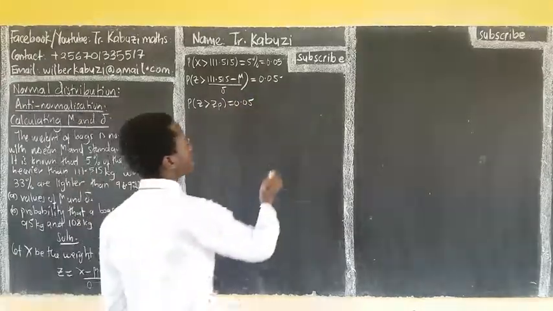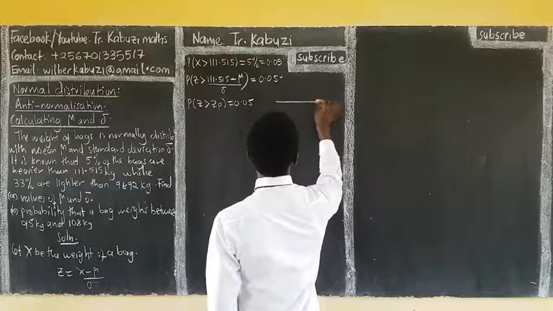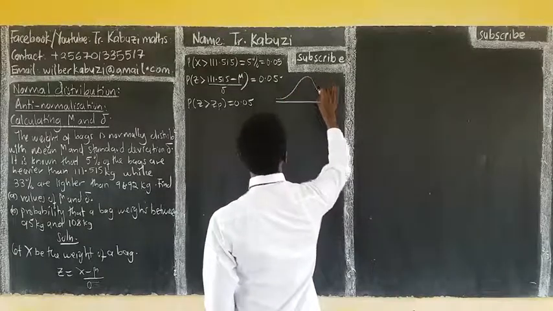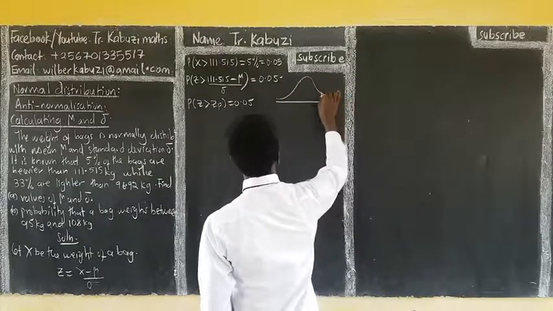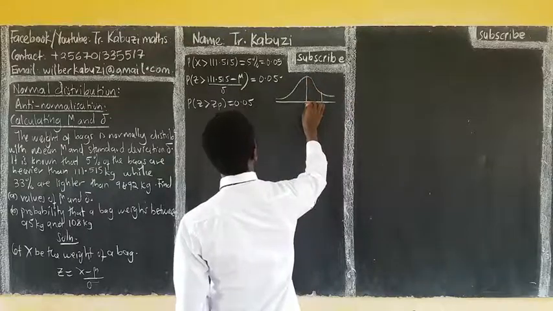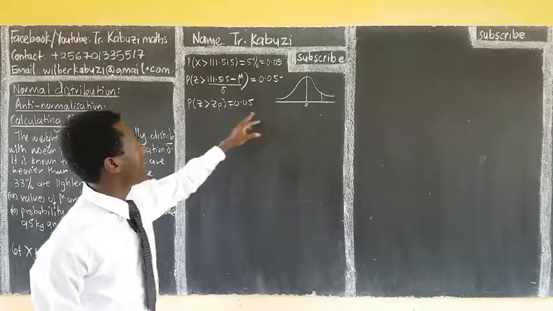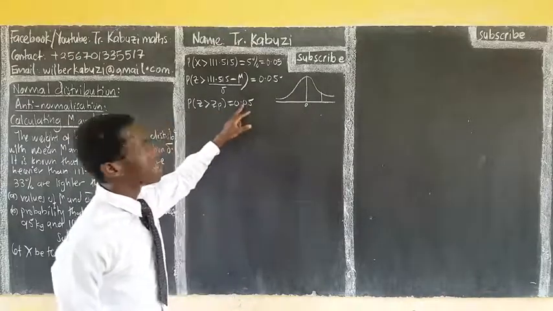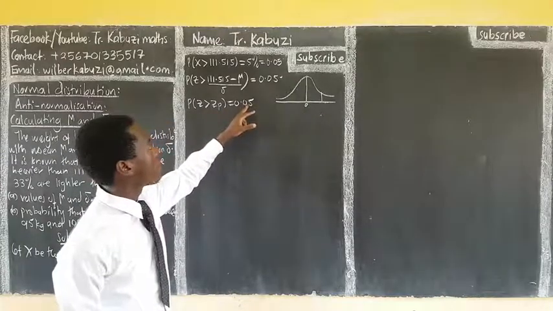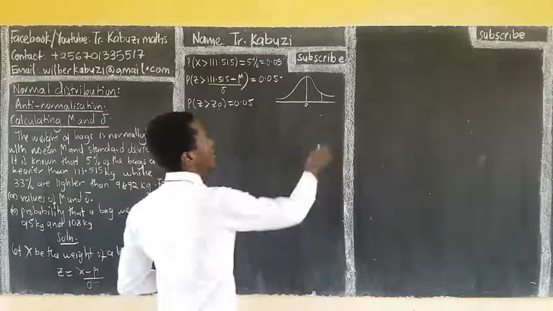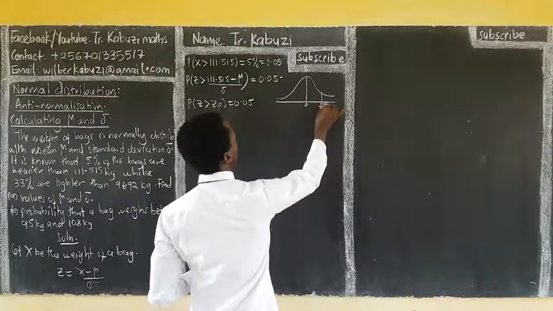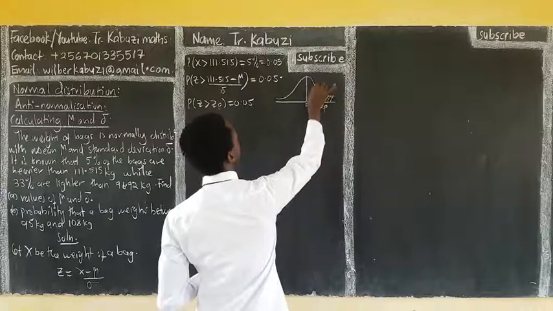Now this is a sketch so that you can clearly interpret this. You see if it's greater, this ZP to be here, it should be less than 0.5, and this one is less. So they are giving us this probability.